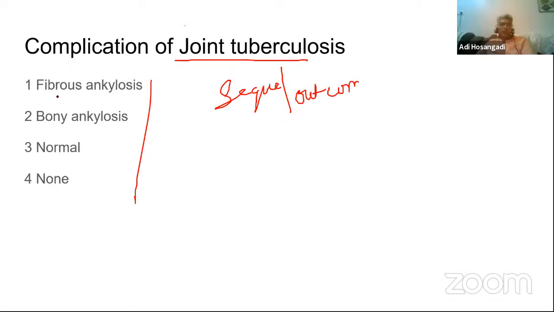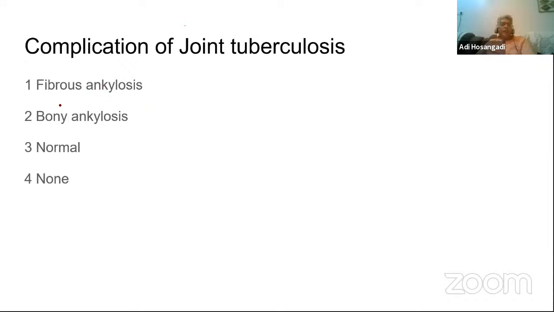So please remember, in fact, I did stress in the last class as well, the outcome of treated or untreated and advanced tuberculosis is fibrous ankylosis, except in the spine, where it causes bony ankylosis.